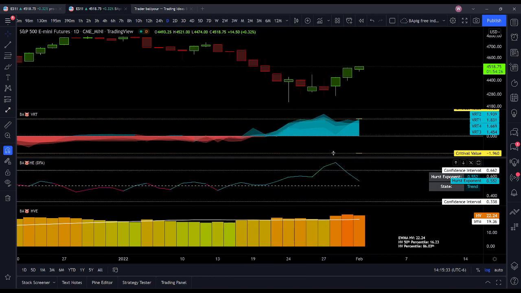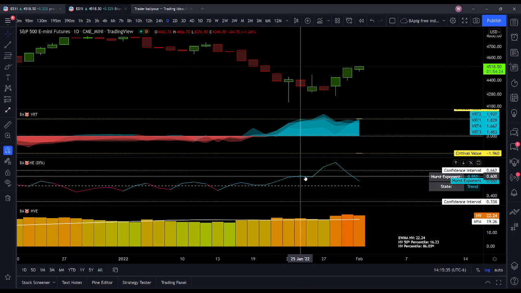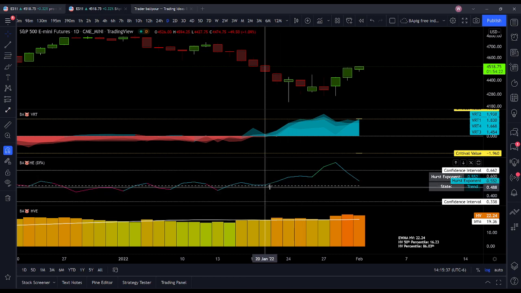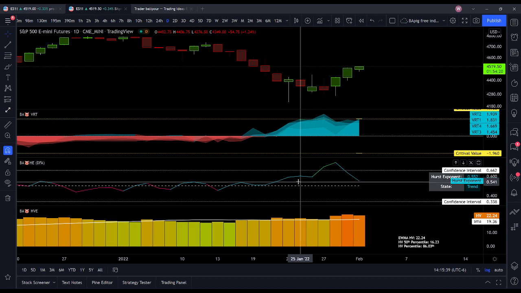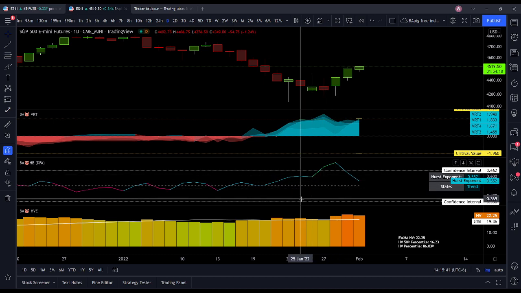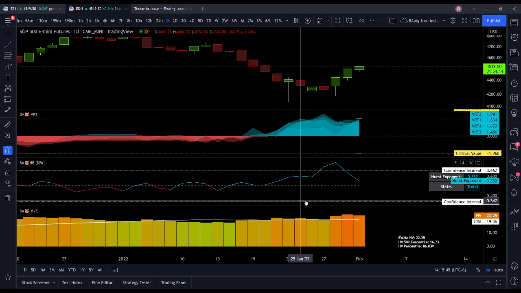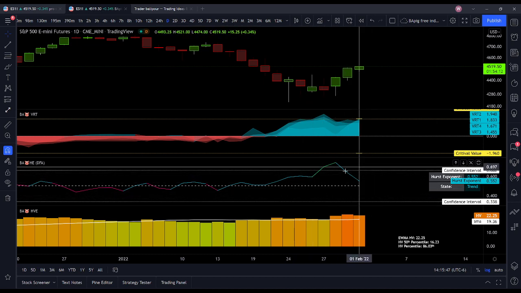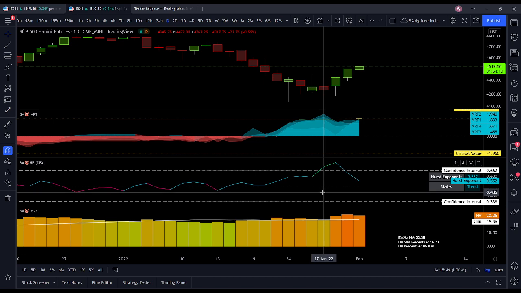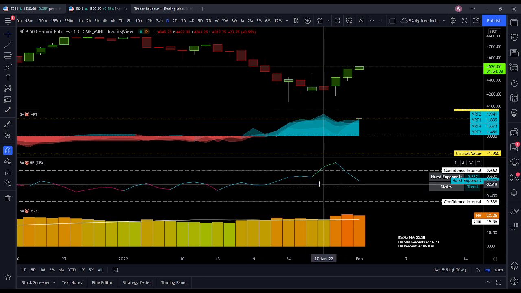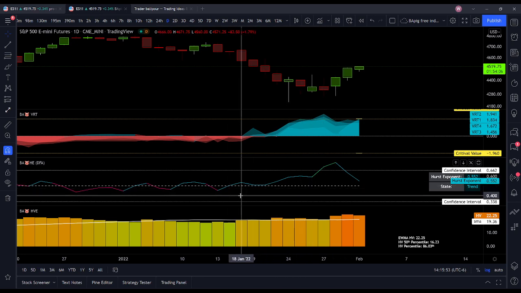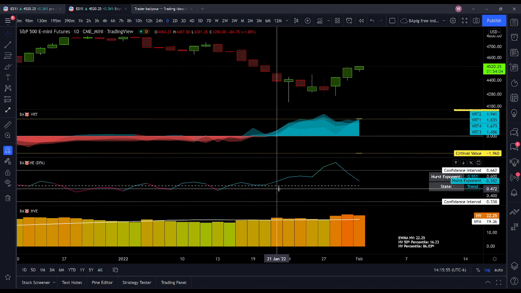All right, so when I see that it's blue, when I see it's above that 0.5 line, and especially when it's green, we're going to see volatility high. We're going to see some autocorrelation between returns, saying that if you have some large returns, they're going to be followed by large returns.